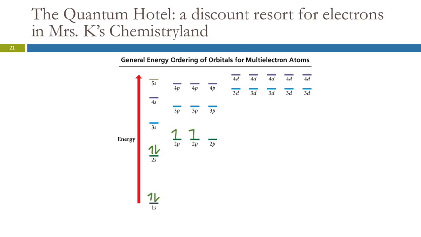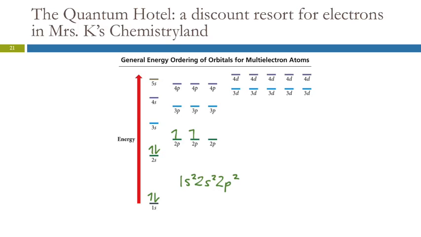So that'll be the electron configuration for carbon. I'm sorry, that would be the diagram. When we write that out, we're going to get 1s2, 2s2, 2p2, and we see 2 plus 2 plus 2 equals 6. Okay?